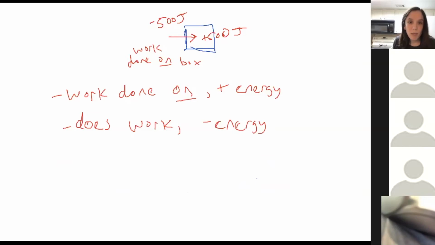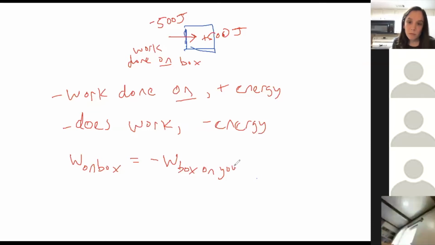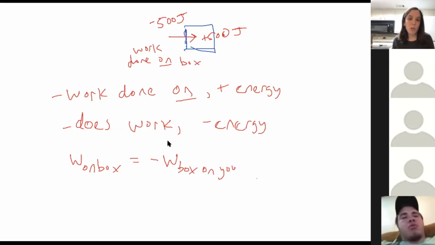So what you could say based on that is that the work that you do on the box is equal to the negative of the work that the box receives. You could think of it this way too, that the work you do on the box would equal the negative of the work the box does on you.